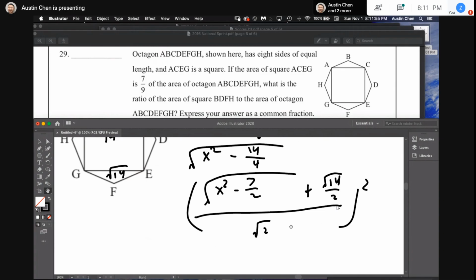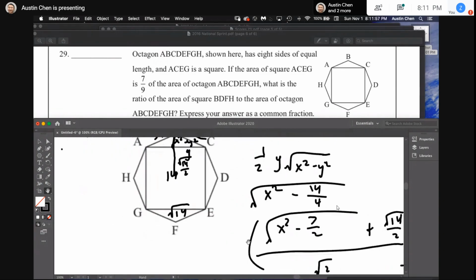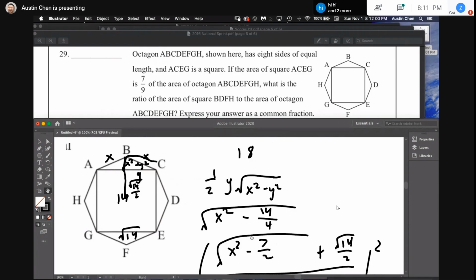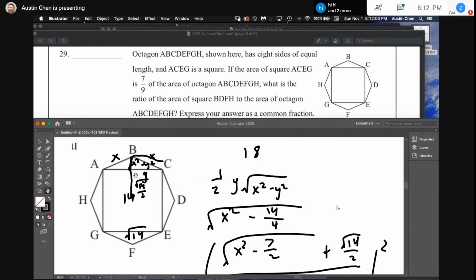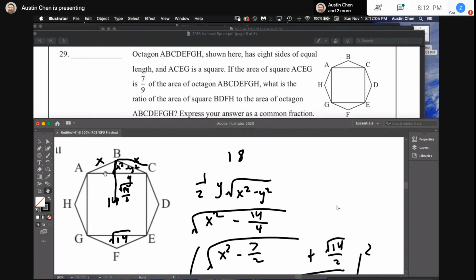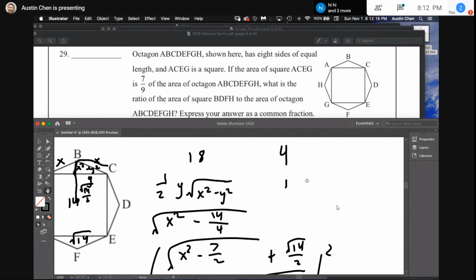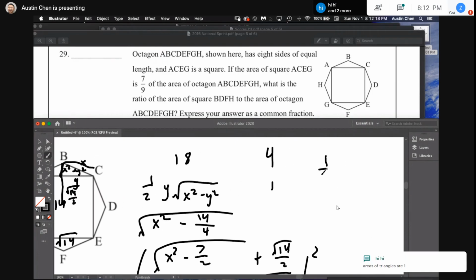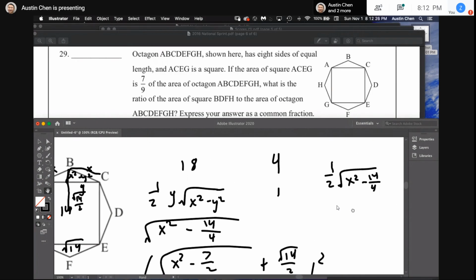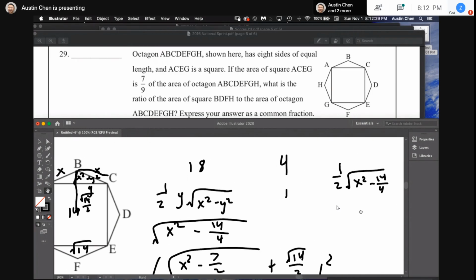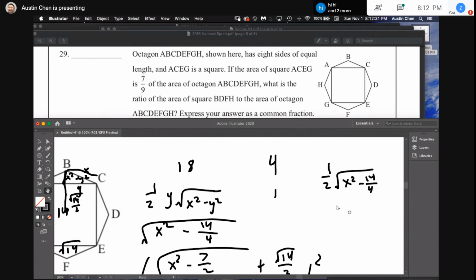That's not too nice. I think we have to find x here. So we can try to find the area of the triangles. The areas of the triangles have to be 4, because this is 18 and this is 14, so each of the triangles has area 1. The area of the triangles is 1/2 times the square root of x squared minus 14 over 4, times root 14.